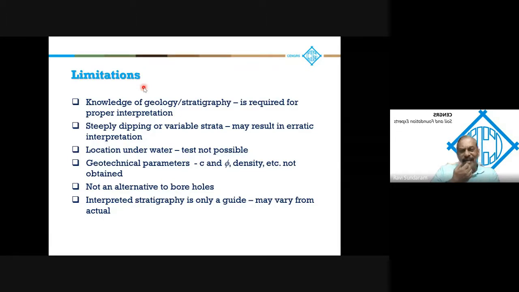You can identify the layers, but the geotechnical parameters like C, phi, gamma, etc. you cannot obtain. So it cannot be treated as an alternative to boreholes. The stratigraphy is interpreted, it is a guideline, and may be a little different from the actual. You have to match it with the borehole data.